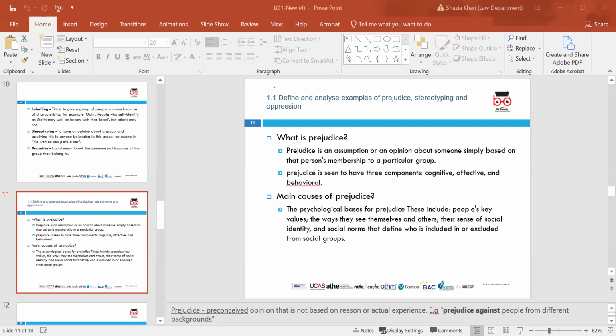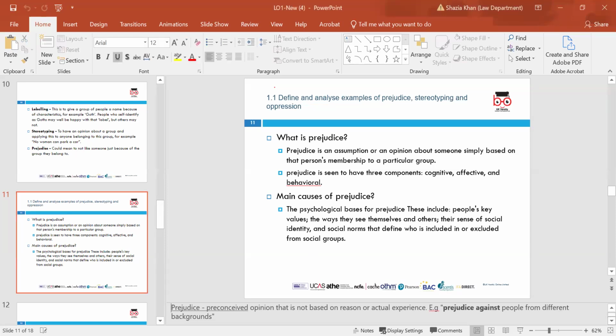A simple distinction between prejudice and discrimination is that prejudice is to do with attitude, discrimination is to do with actions. Prejudice is an opinion that is not based on reason or actual experience. For example, prejudice against people from different backgrounds.